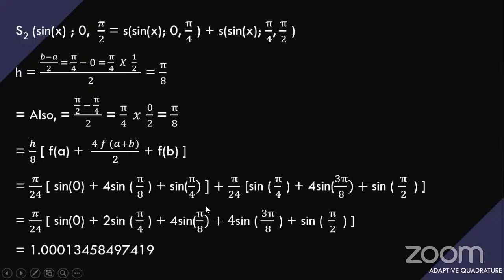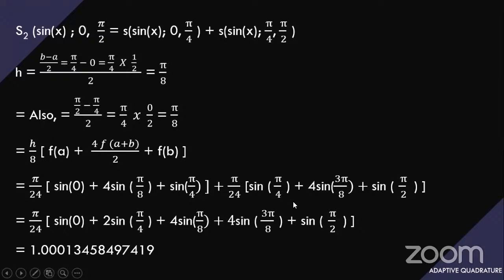And that will get 4 sine pi over 8 plus sine pi over 4, which is f of b. Then moving to the second one, plus, we also get pi over 8 for the second interval, which is pi over 4, comma pi over 2.